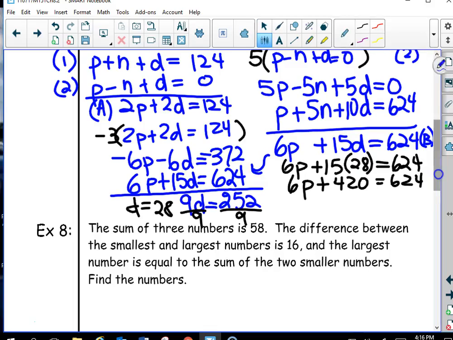Subtract 420 and divide by 6. 204 divided by 6 is 34. So P equals 34.